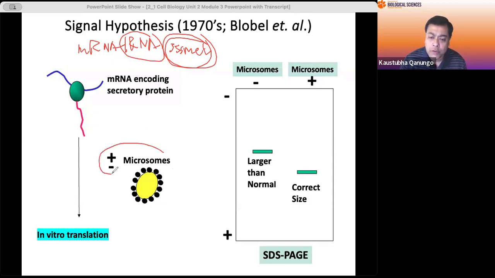So you do the microsomes. And now, this is a little bit of extra detail, you do what is called an immunoprecipitation reaction. What is essentially happening is that in a test tube, you have the ribosome, you have the mRNA, and this synthesized protein, all the microsomal protein, plenty of these proteins.